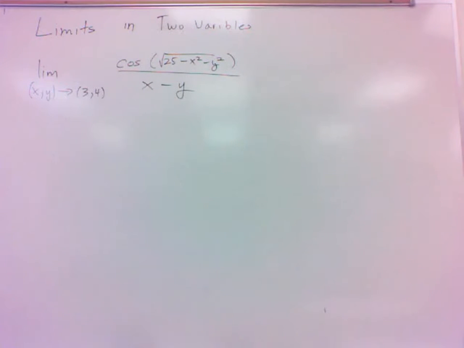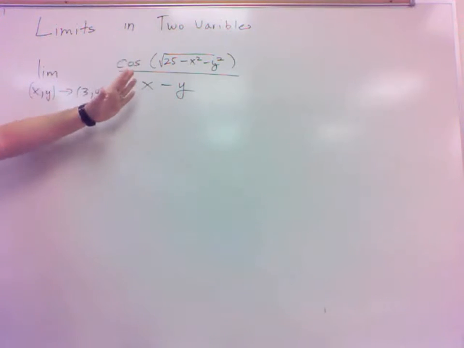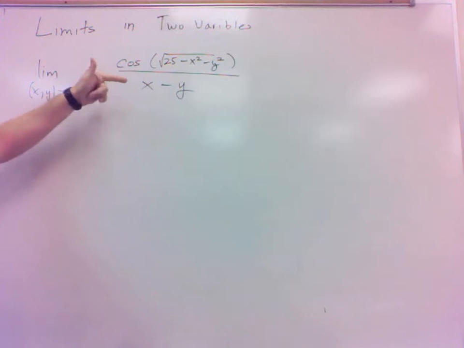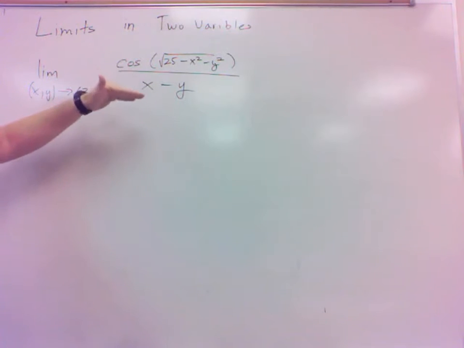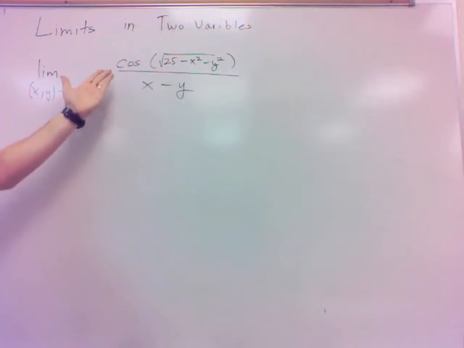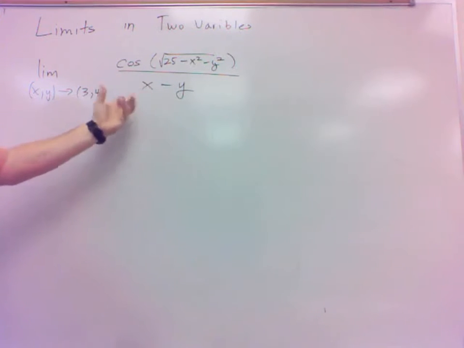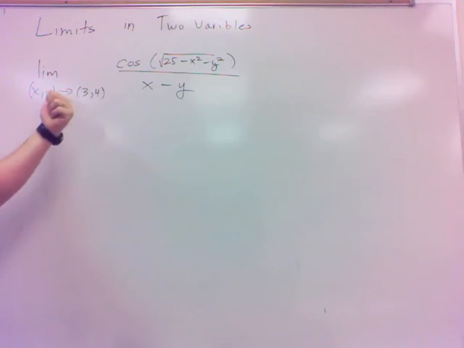Looks real scary, but as long as everything is continuous here, you can just substitute. If the values can be substituted, that's usually the way you go. Cosine is continuous at 3, 4. x minus y is continuous at 3, 4.